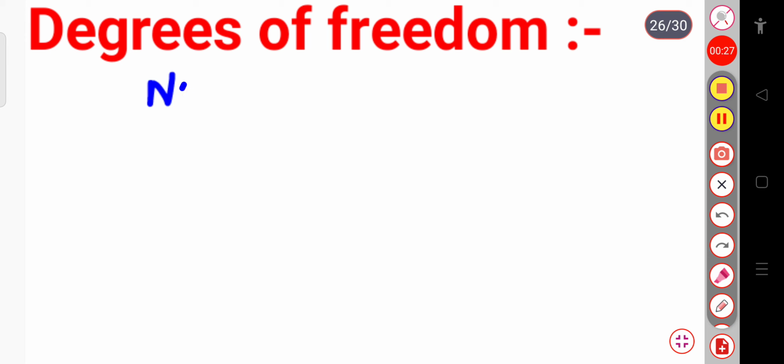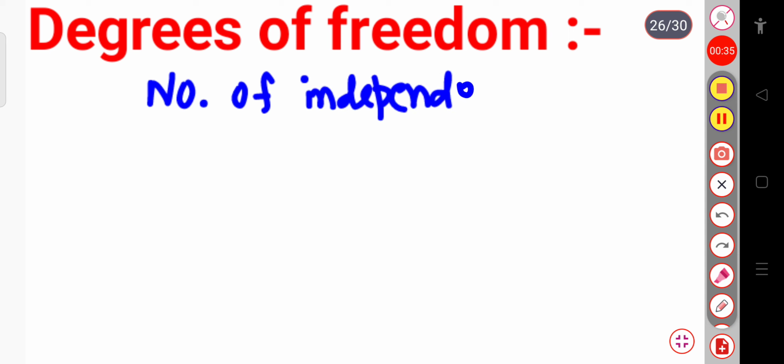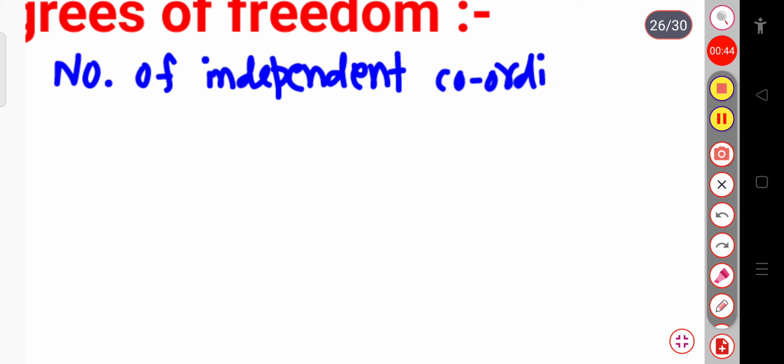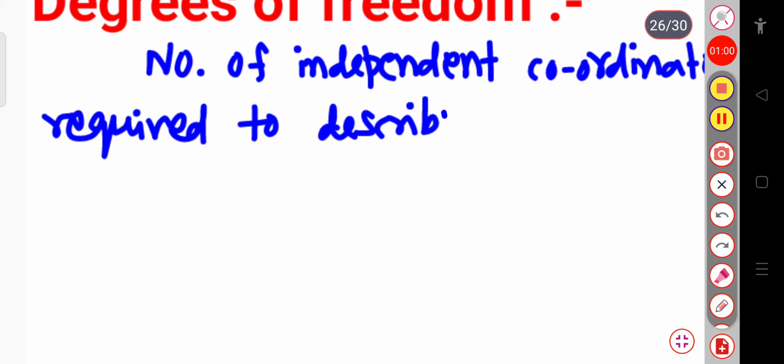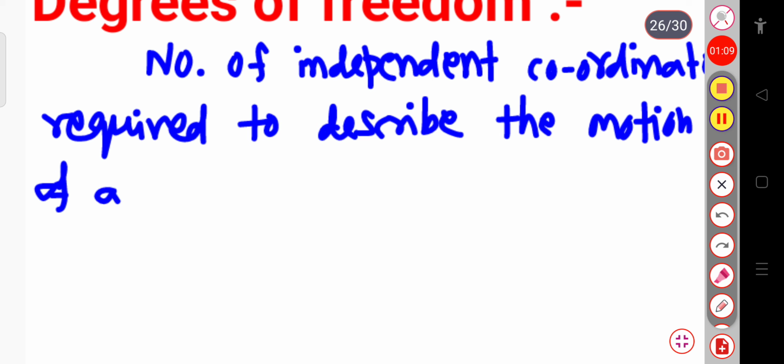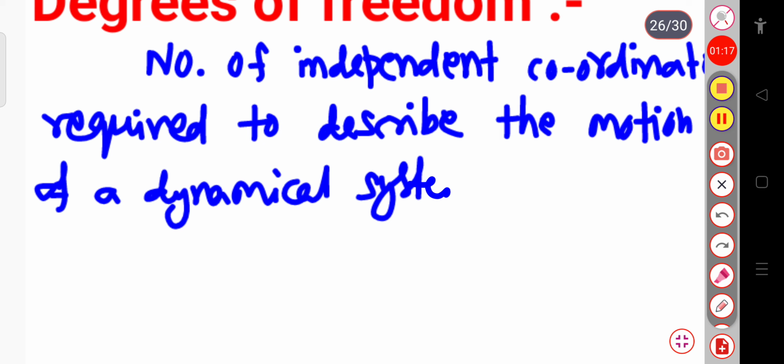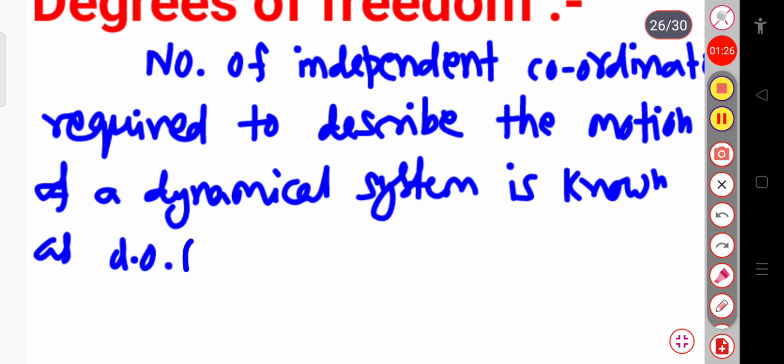Here we know the number of independent coordinates required to describe the motion of a dynamical system is known as degrees of freedom, or here I am writing DOF, that is degrees of freedom.